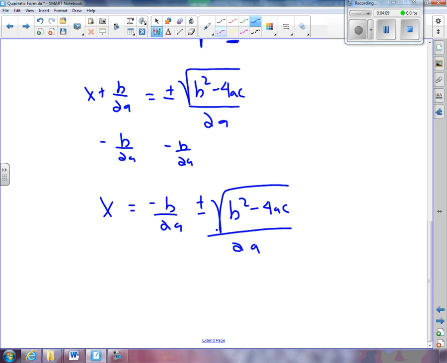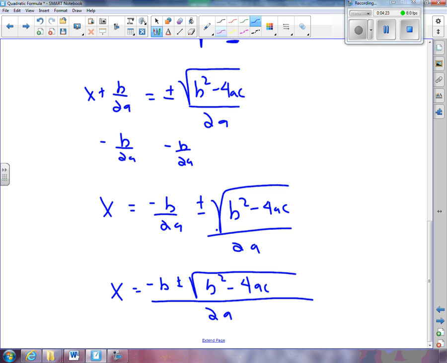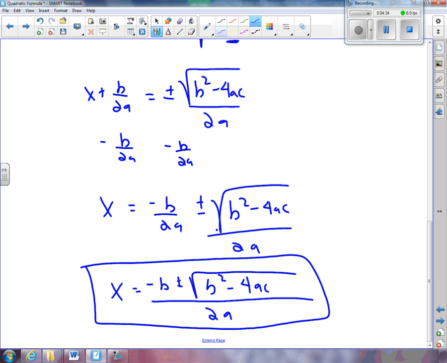Conveniently enough, these two fractions have a common denominator already, so we're just going to add them together and get that x equals negative b plus or minus the square root of b squared minus 4ac all over 2a. I know that that might have been a lot to take in. If you need to rewatch this video to make sure that you get that proof, please do so at home. It will be extra credit on your next test. So that's the quadratic formula.